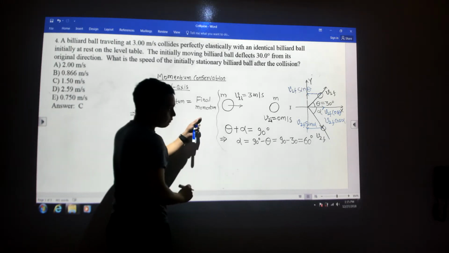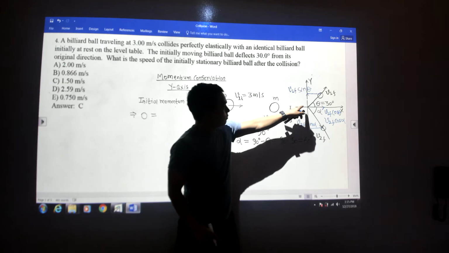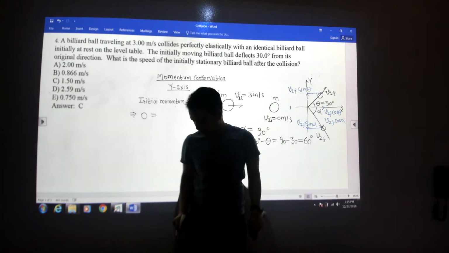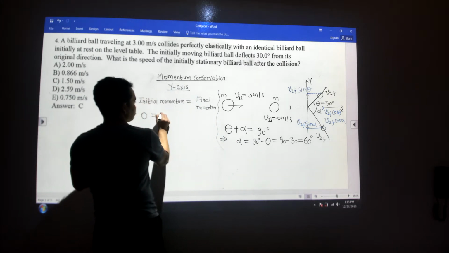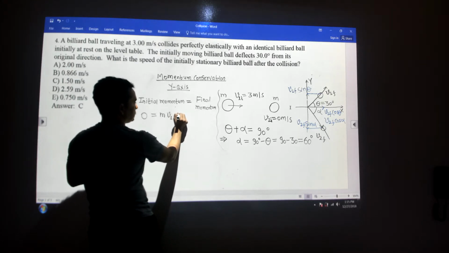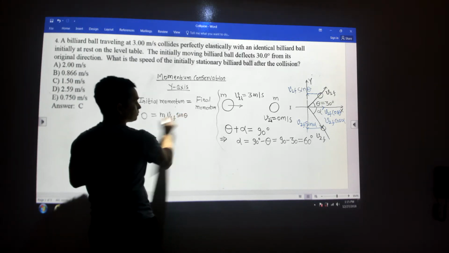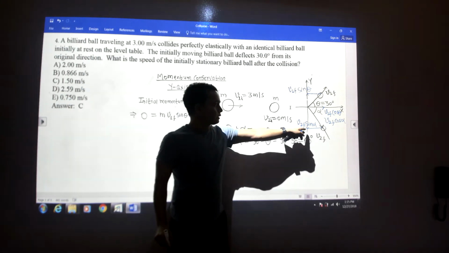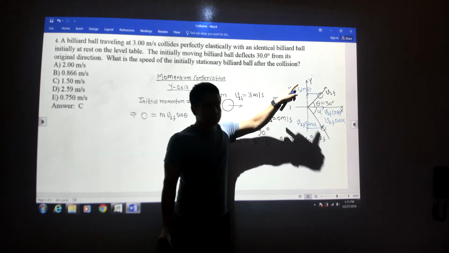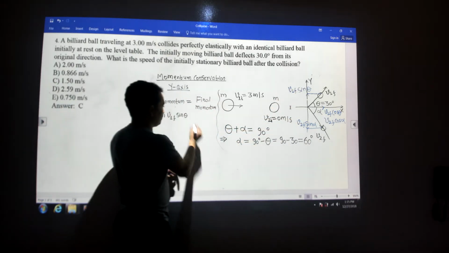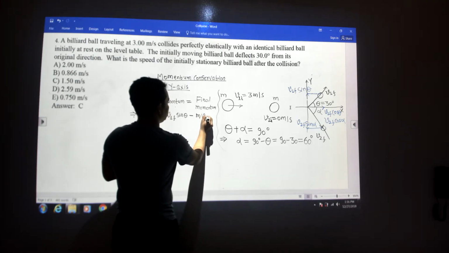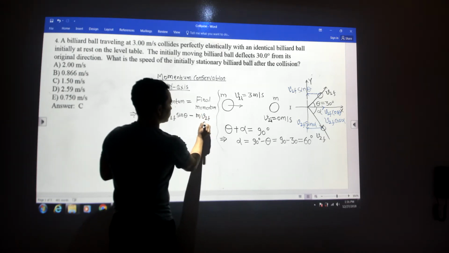Now let's talk about the final momentum. The final momentum is mass times this velocity, which is m V1F sine theta, plus the second ball, whose velocity is opposite to the first, so negative m V2F sine alpha.